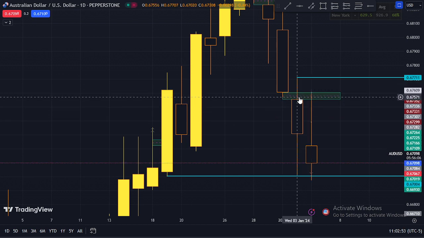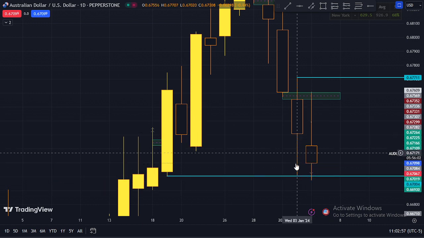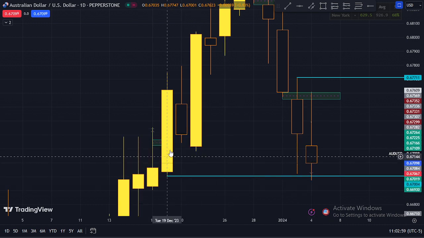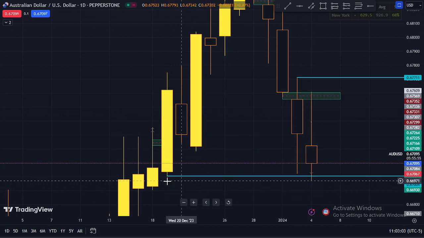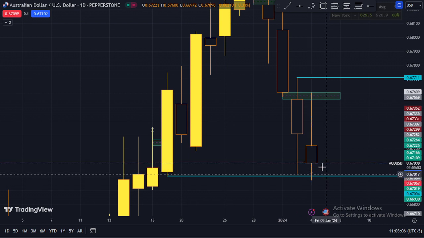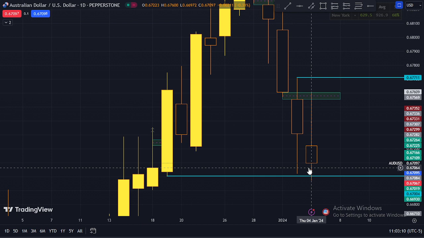It comes, takes them out, and then continues to the downside. As you can see, we did not take this low. Yesterday we had this run to the downside, taking out both lows, then we had this retracement as we speak. That is how simple it is to frame the daily bias on a daily chart.